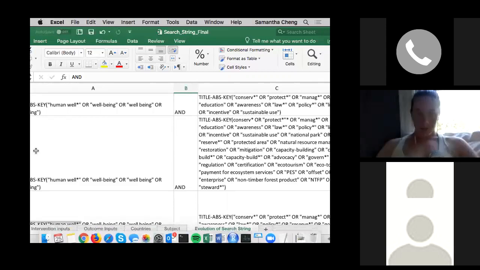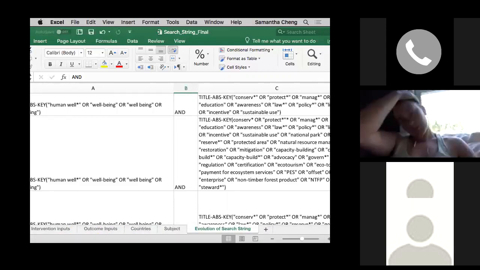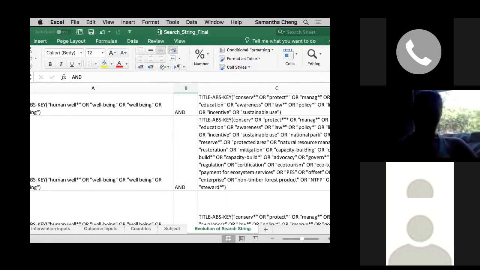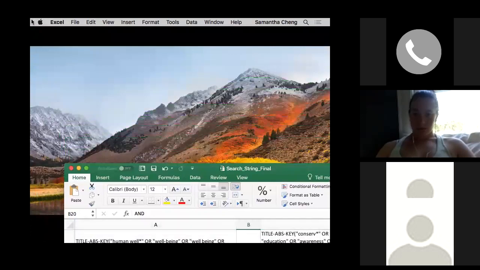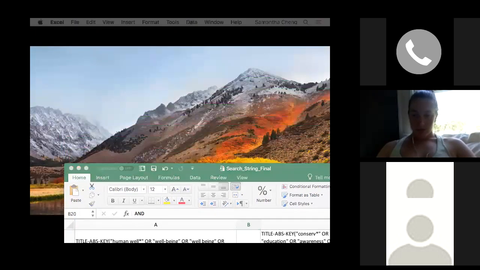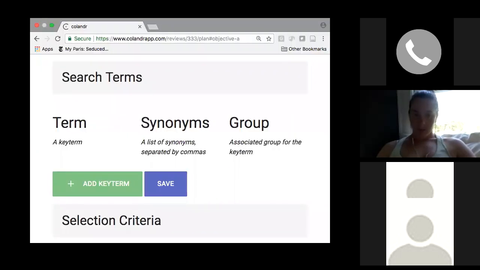And just one last thing for you guys, as you're starting to develop your search terms, you are going to need to create this sort of Boolean string. One way you can do that is using Colander. Remember where I brought up your search terms?